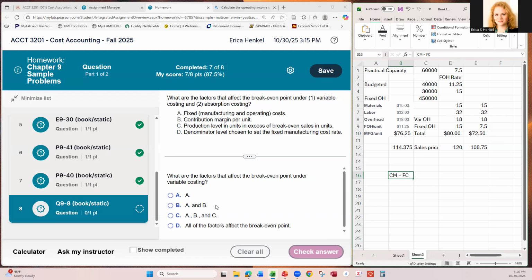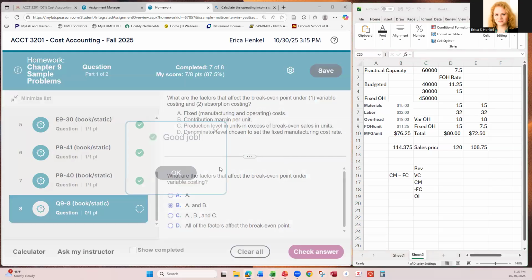So in this one, under variable costing, revenue minus variable costs gets you to contribution margin, minus your fixed costs gets you to your operating income. Production level and denominator level do not affect it.